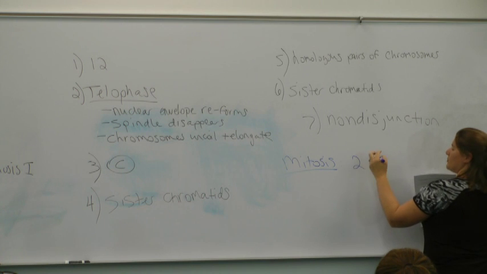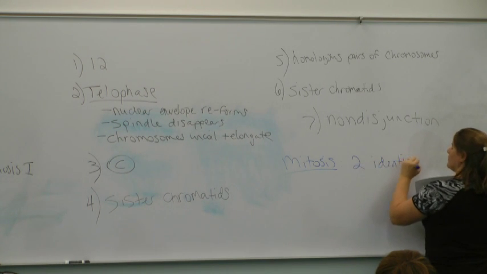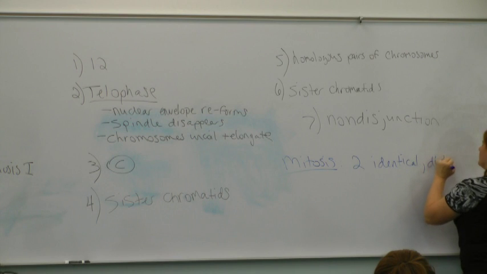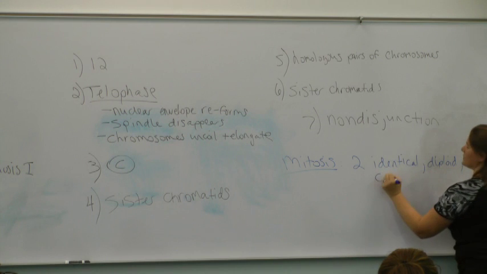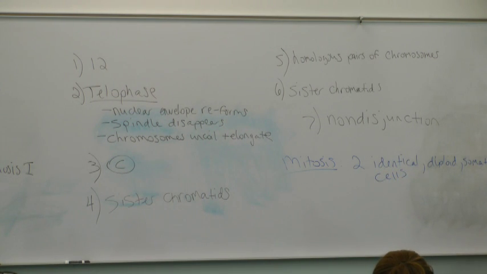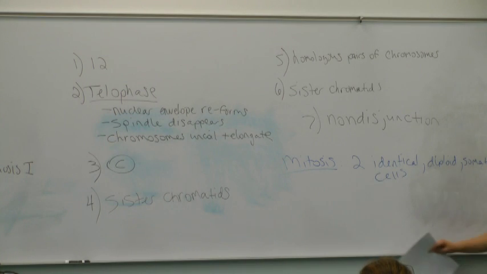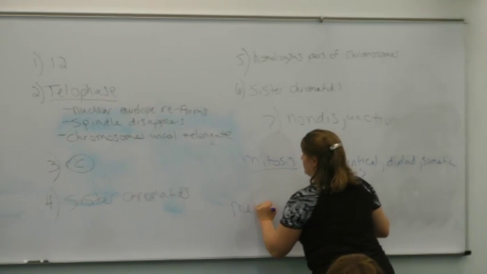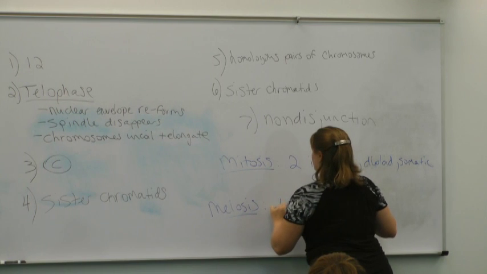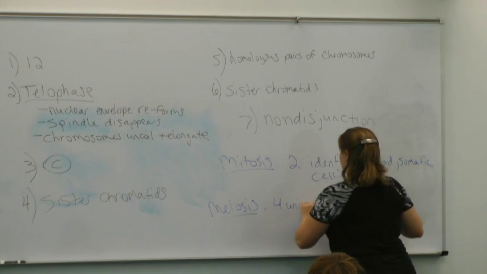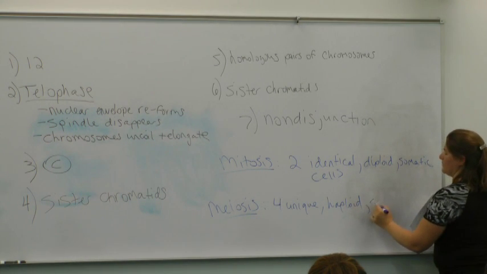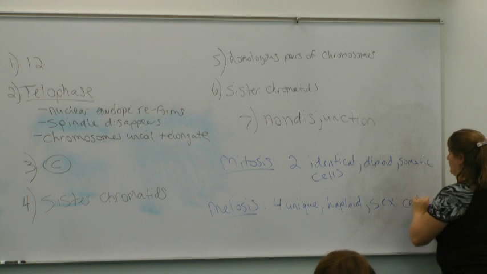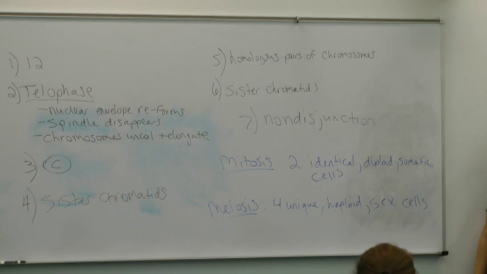Identical, diploid, somatic cells. And meiosis makes 4 unique haploid, let's just say sex cells. Okay, we won't forget that, right?